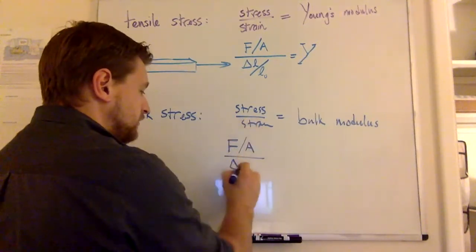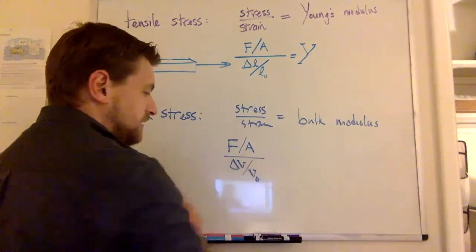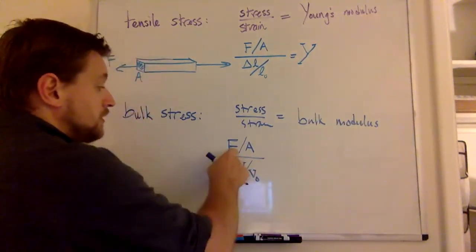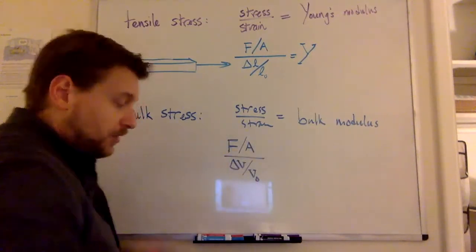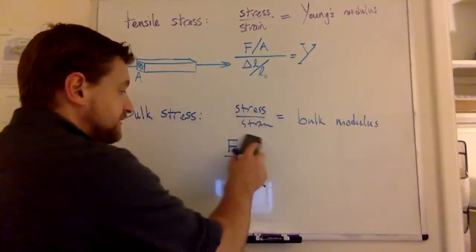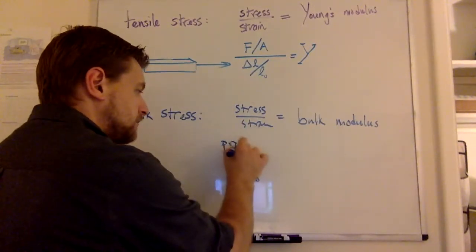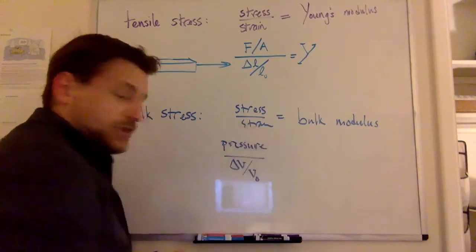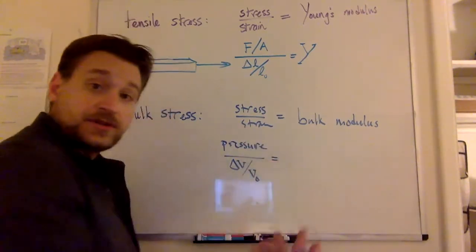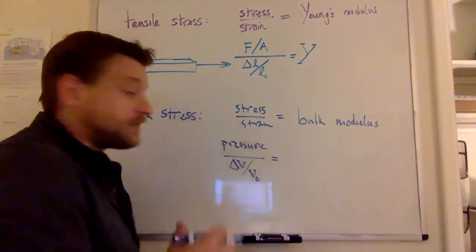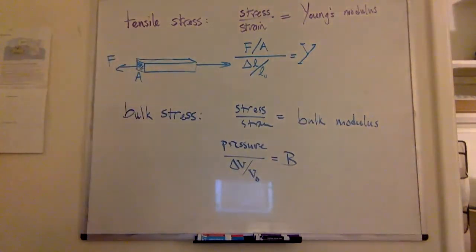Strain, we've got a volumetric change, delta V compared to V0. This force divided by area on all the surfaces of an object, we could call that pressure, like we were talking about water pressure crushing a thing.